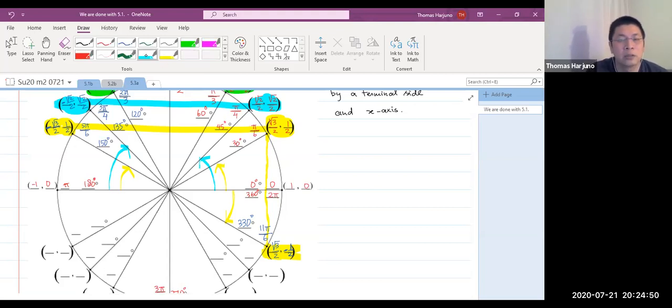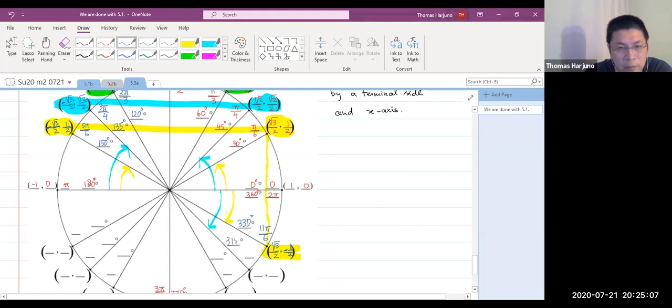Likewise, the coordinate in quadrant 4 that has reference angle 45 degrees is this. Okay, so 45 degrees subtracted from 360 degrees is 315 degrees. The radian is 7 pi over 4. So how about the coordinates?